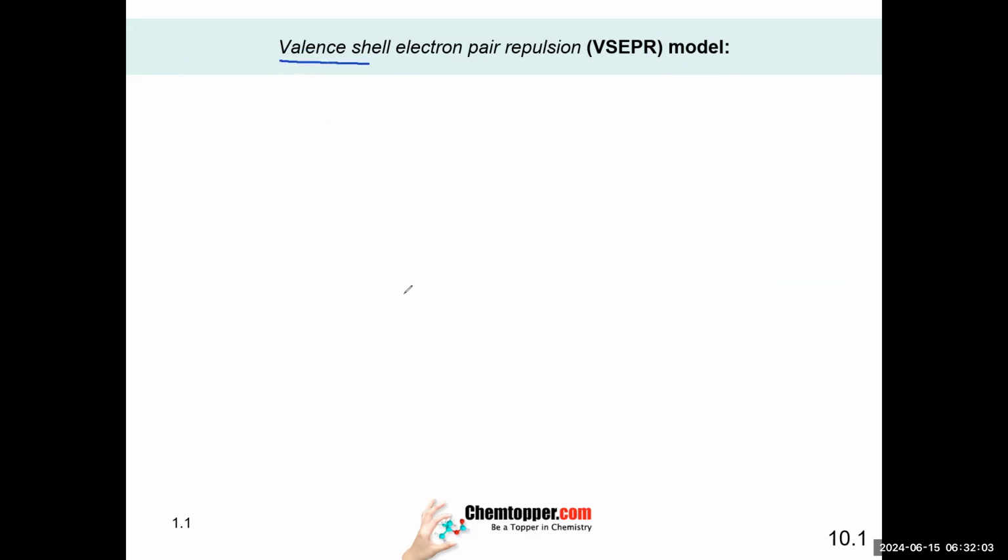Valence shell electron pair repulsion. Okay, let's make the Lewis dot structure. I'm just trying to make you understand this word. Let's make the Lewis dot structure of CS2.